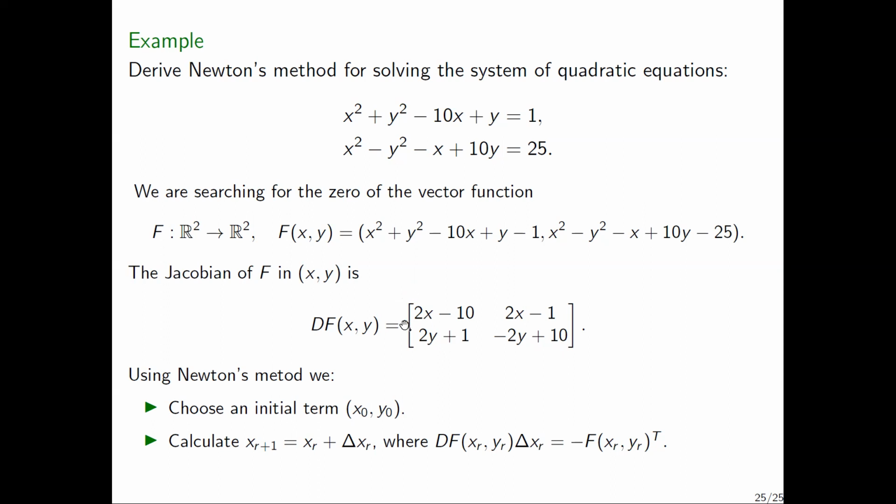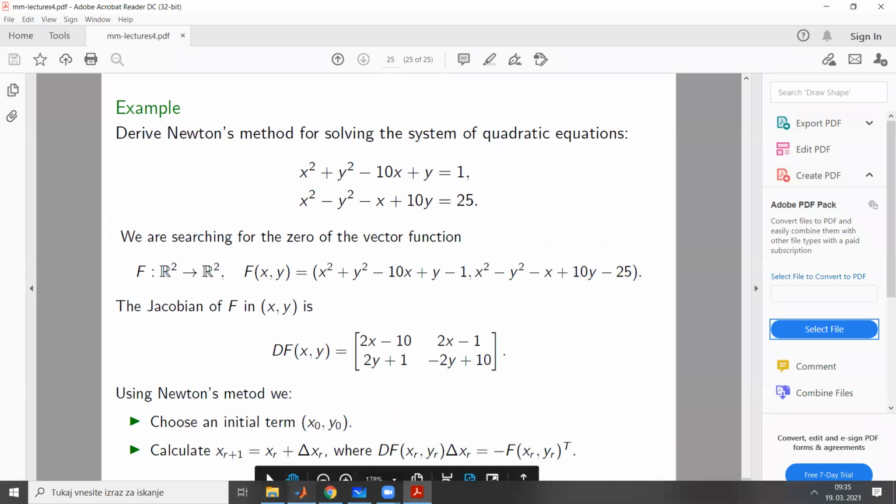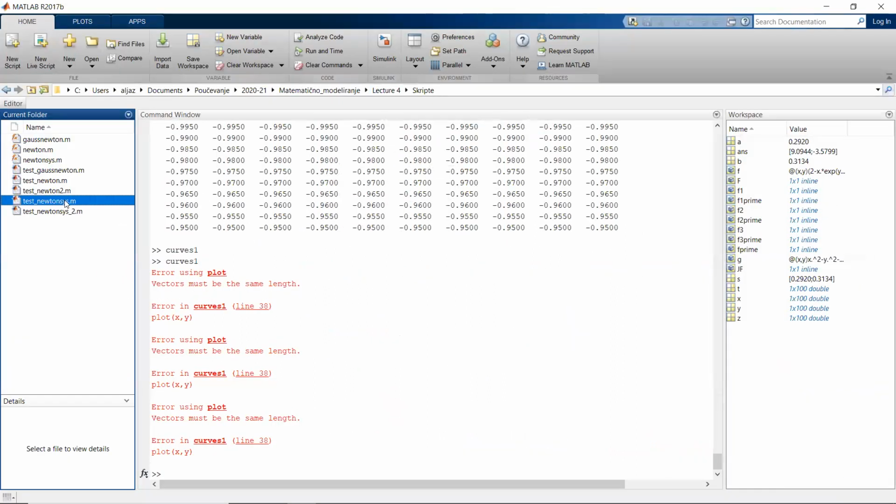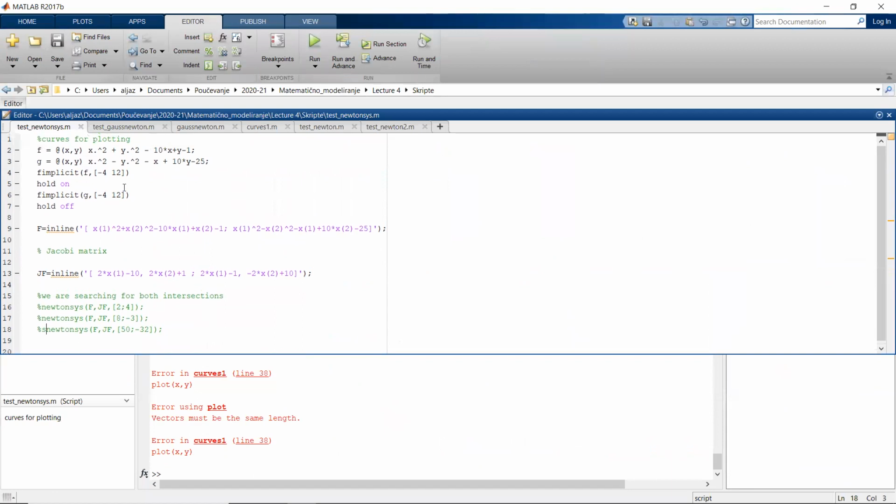And let's do this in Octave, or better in MATLAB. These are our coordinate functions. Before I try to find the solution, I will draw those graphs to see how many intersections I can expect and where approximately those intersections will be.